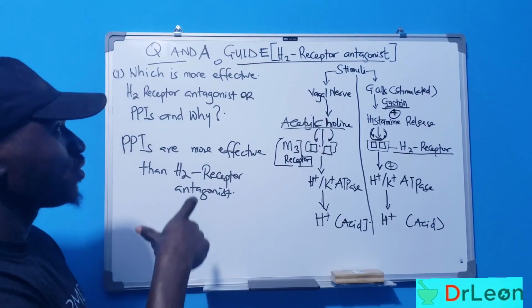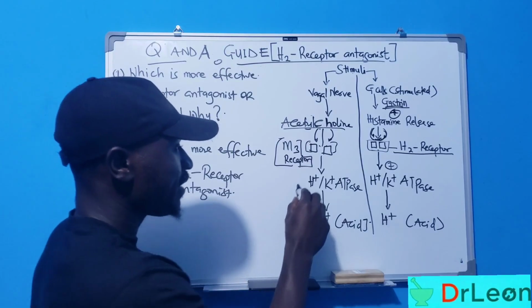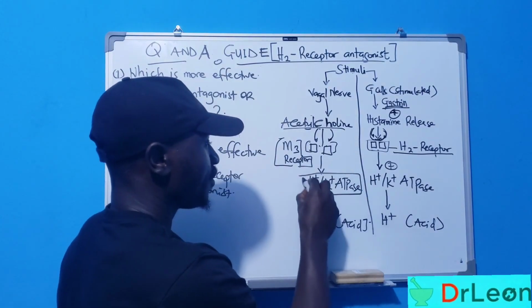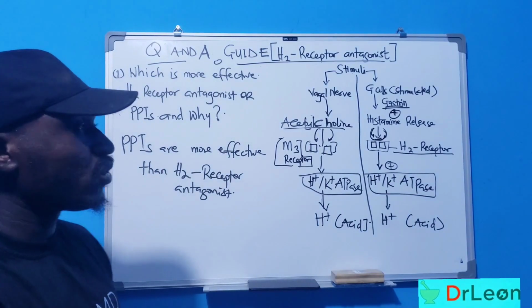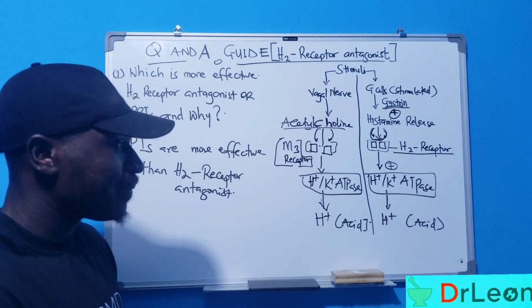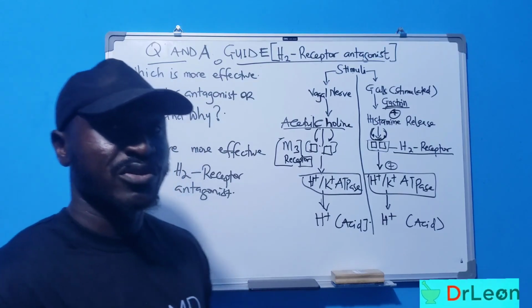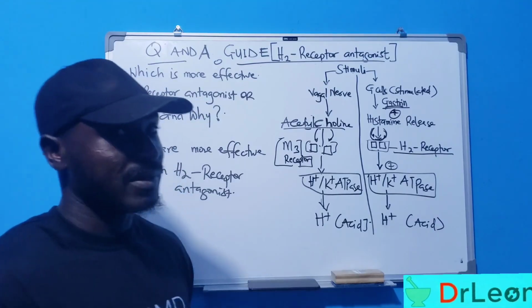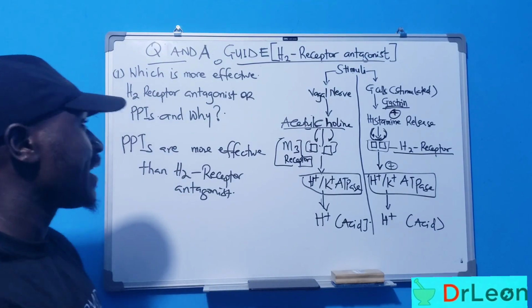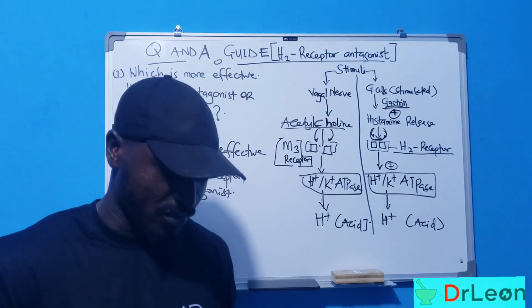That's why the use of PPIs is important, because when you use a PPI it will block the proton pump in this pathway, the same as in this pathway. So in both pathways, the PPI blocks the proton pump and hence acid wouldn't be produced. But the H2 receptor antagonists only block one of the pathways. That's why they are less effective as compared to the proton pump inhibitors.